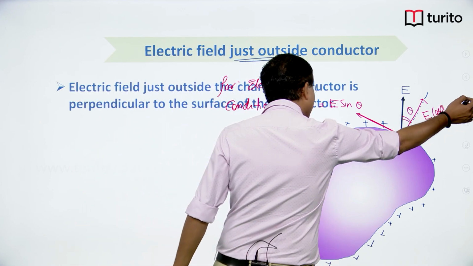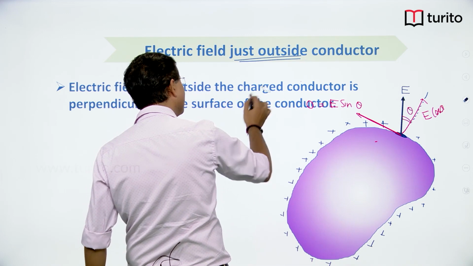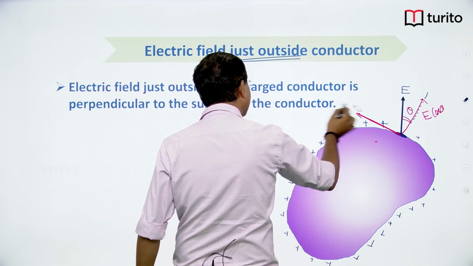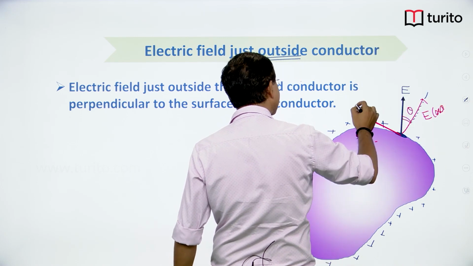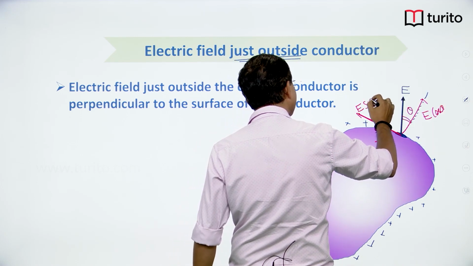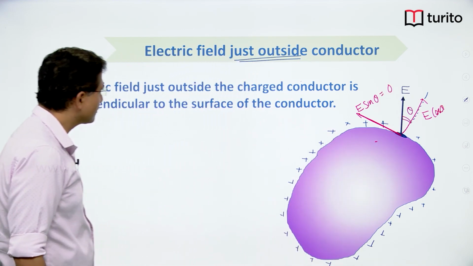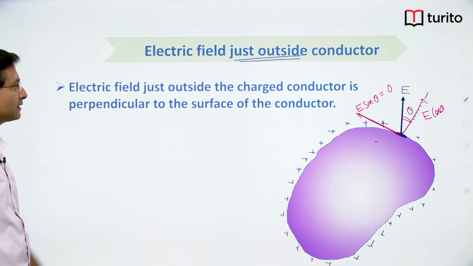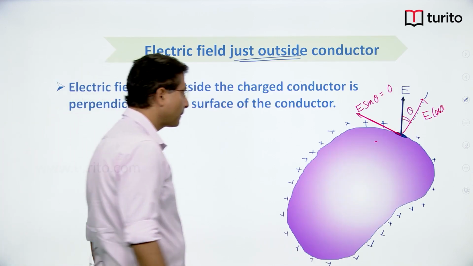So, what we have concluded here, this has to be 0 for electrostatic condition. So, the electric field just outside the charged conductor is perpendicular to the surface of the conductor, right. Now, let us see one more thing.